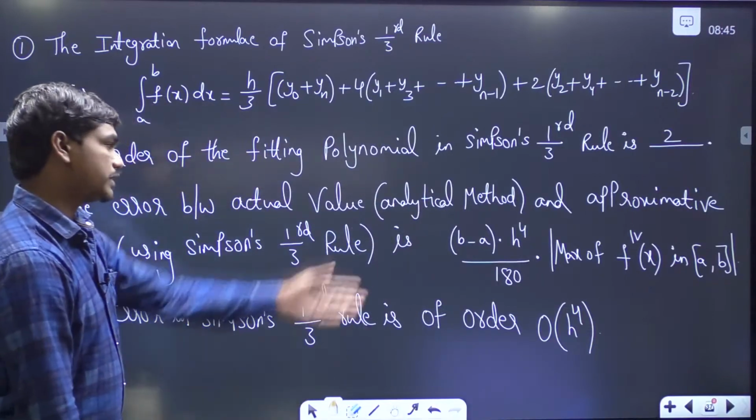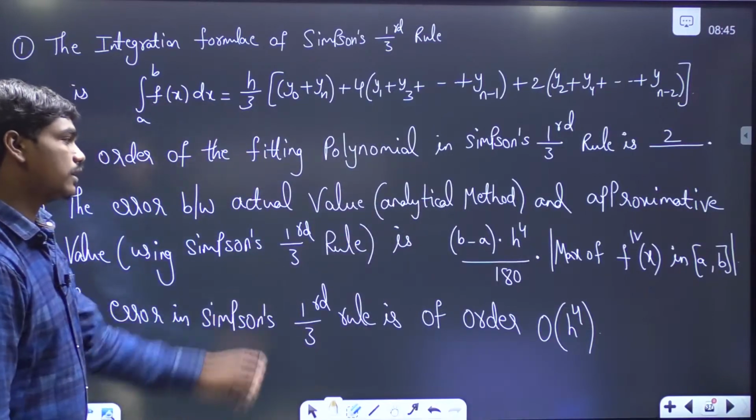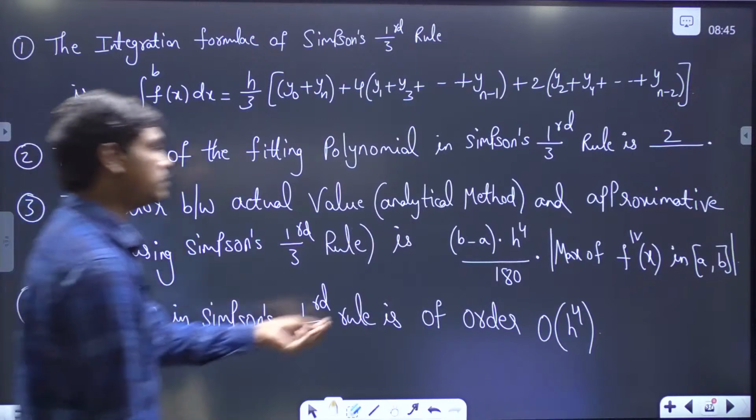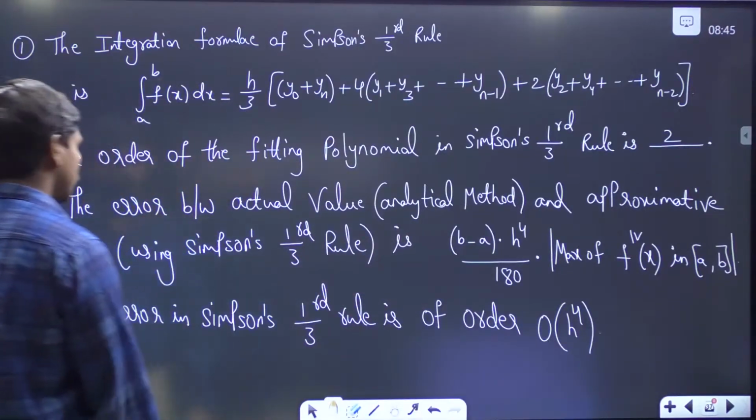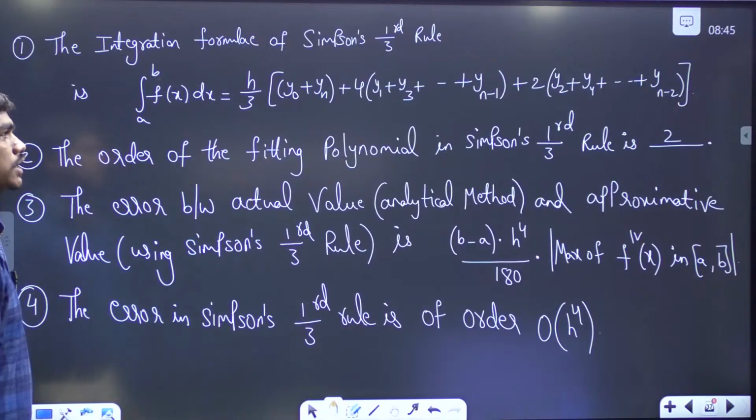Because we see the h power 4 term there, and that is the only thing that we can decide. Apart from h, everything is decided in the problem. So this is what we have here for Simpson's 1/3 rule.